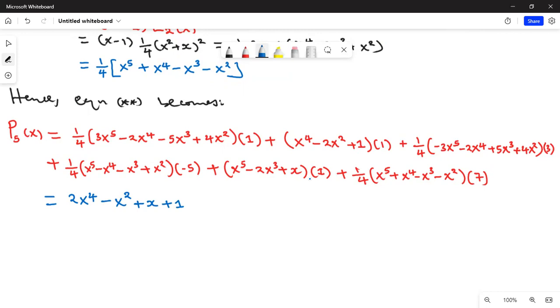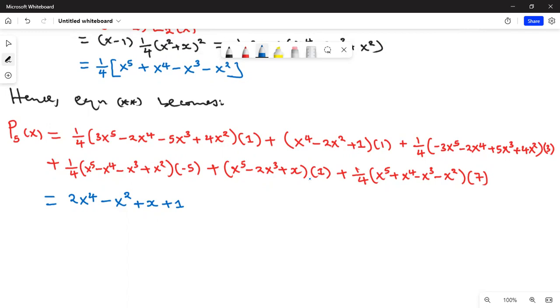That's what you need to get. So you see, this is a polynomial of degree 4. We said the degree of the interpolating polynomial for this case is of degree at most 2n plus 1. And because n was 2, we expected our degree to be at most 5. And it is clear that the degree of the polynomial is 4, which is less than or equal to 5.